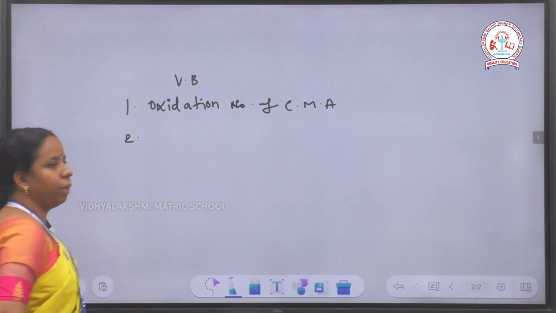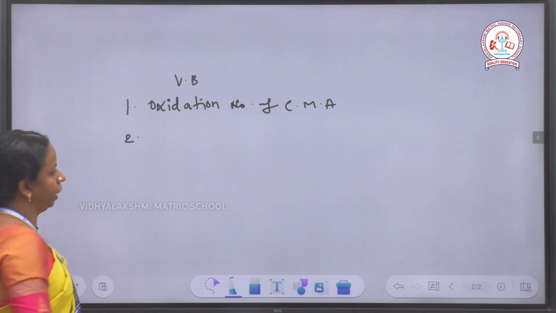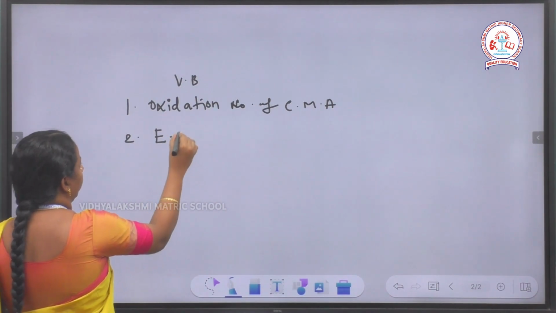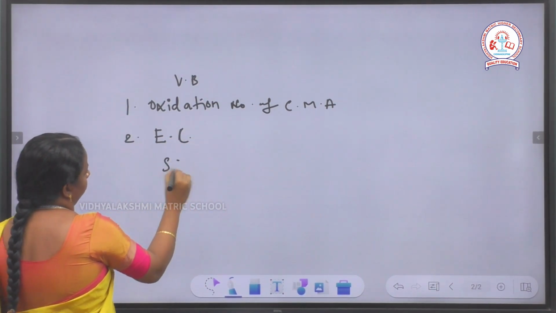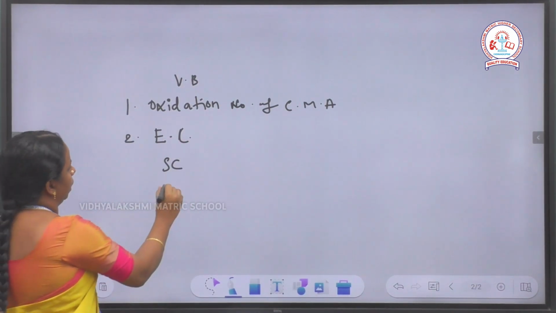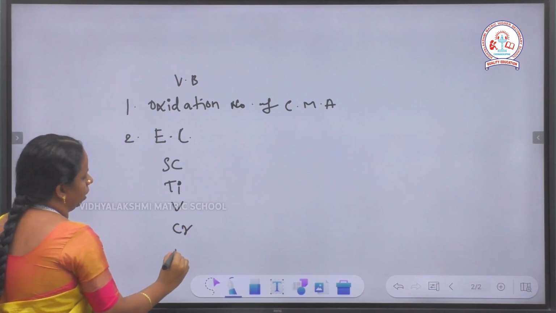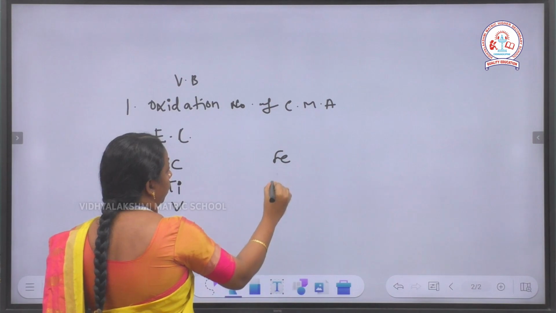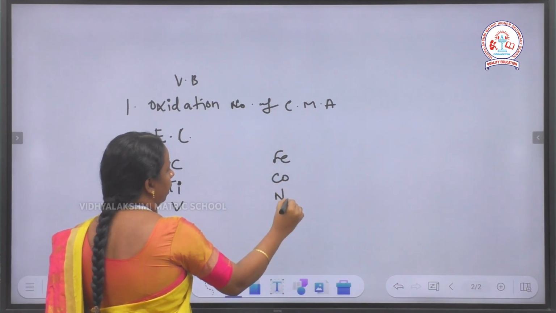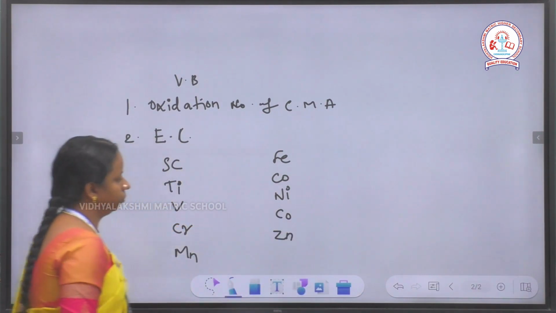Then tip number 2: you should know the transition element electronic configuration. The transition metal series: scandium, titanium, vanadium, chromium, manganese, iron, cobalt, nickel, copper and zinc.